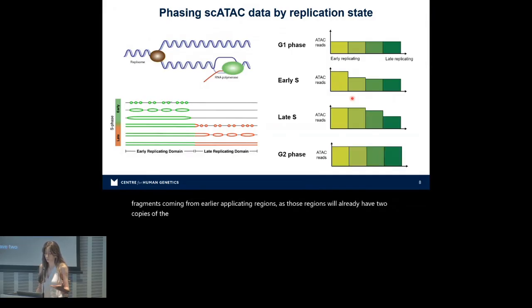And as the cell progresses through the cell cycle, this difference decreases, and it is expected to become again a uniform distribution during the G2 phase, when the entire genome is now already replicated.